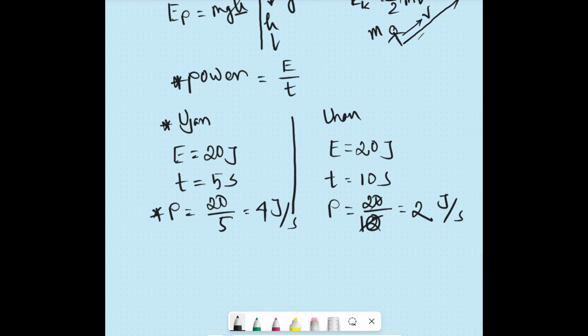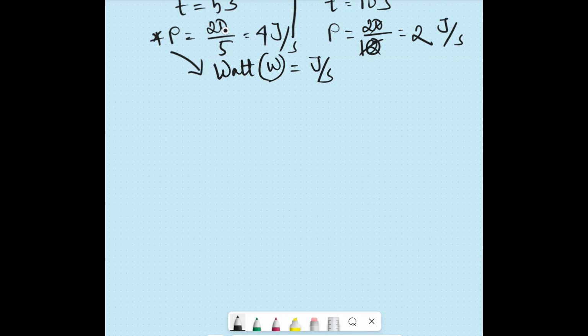The very convenient and commonly used unit for power is watt, W-A-T-T, or maybe W is fine. So 1 watt is equal to 1 joule per second. Next topic is efficiency.